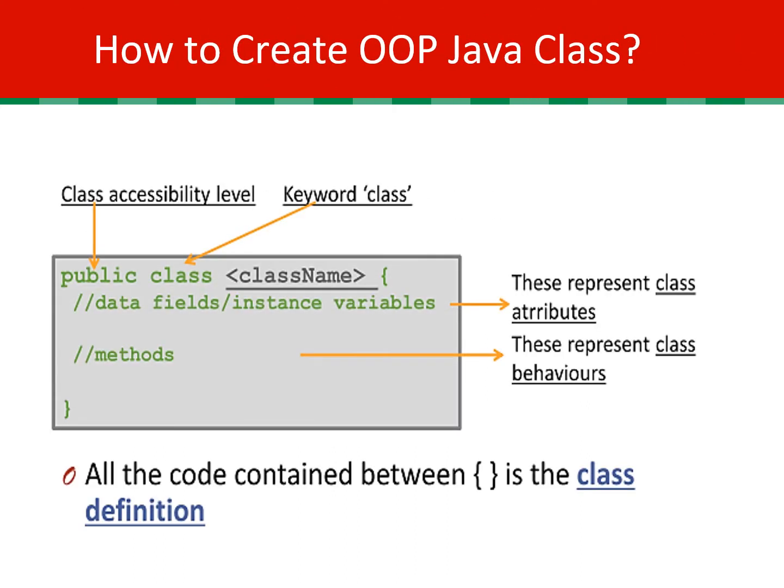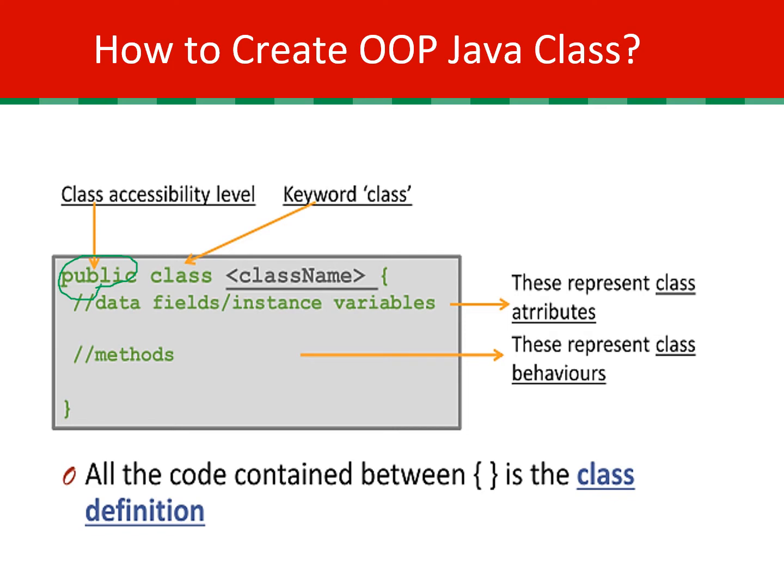How to create your Java class? I think you know this already. You write the class. The part here, public and so on, can be changed. This is called the accessibility level.